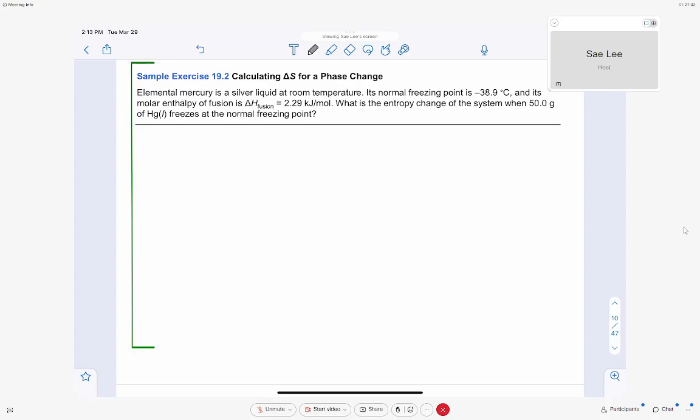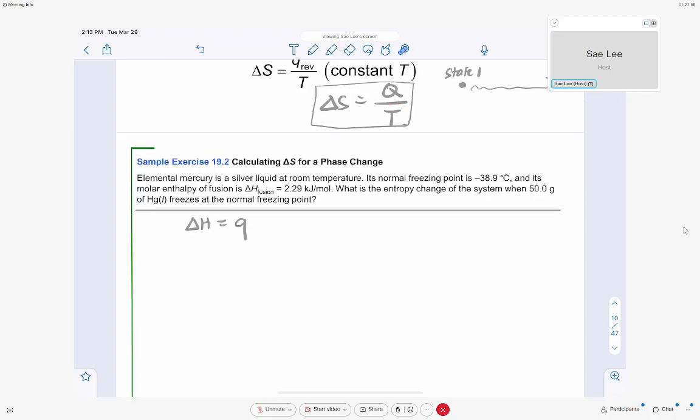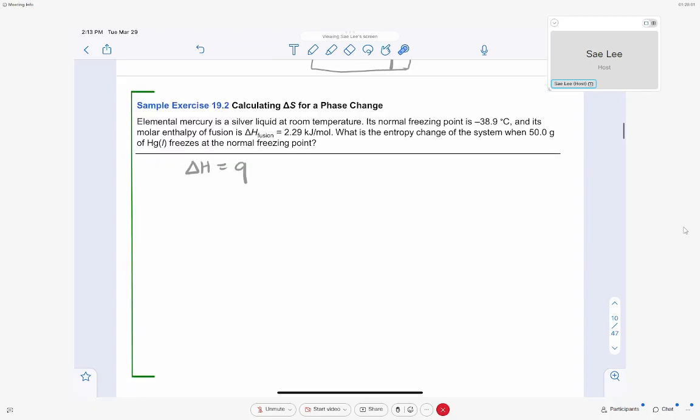I'm not sure if you can recall from chapter 5, the enthalpy is equal to heat, okay? So if enthalpy shows up, it's equal to the heat part.